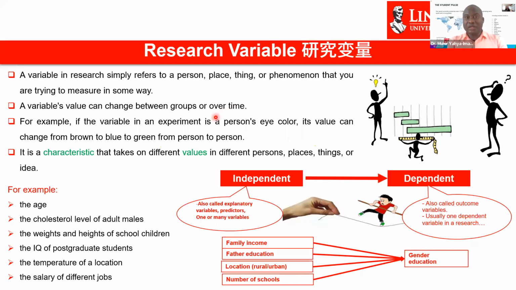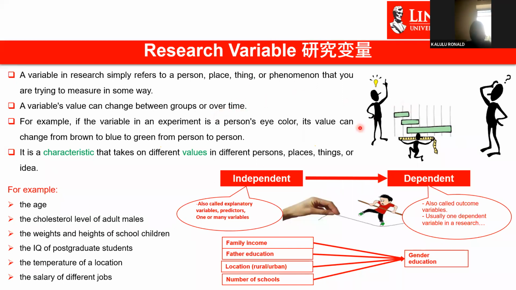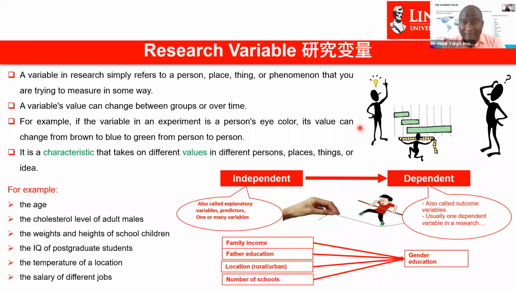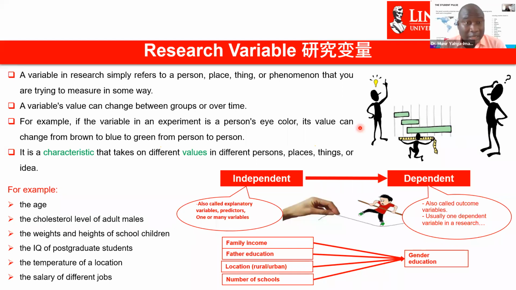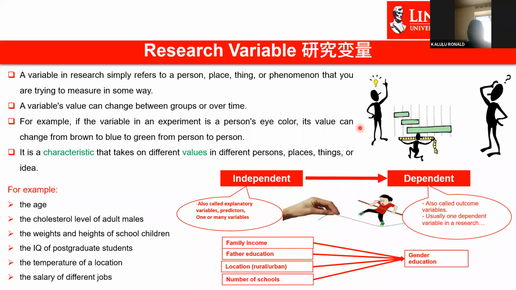Professor, I just want to take you back a little bit on the sample. Sometimes, for getting the sample size, I use the table, which is the Krejcie and Morgan table of 1970. Does it still apply?